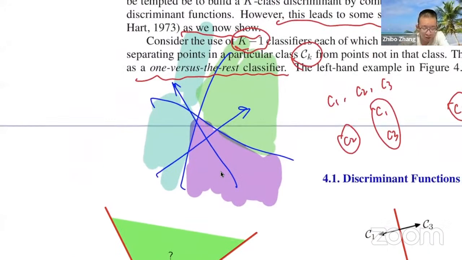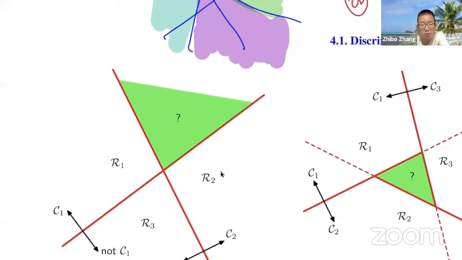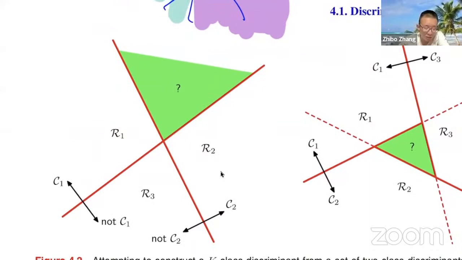It's very similar to what I have drawn in the two-dimensional space. Let's think about this. We have four different regions. One classifier separates C1 from the rest of the categories, which is called not C1.